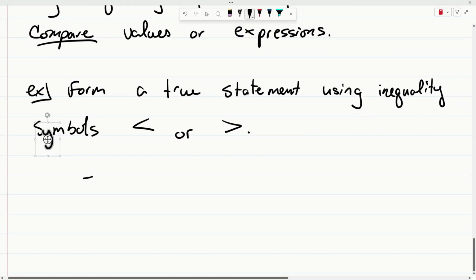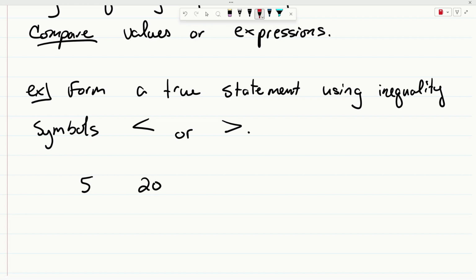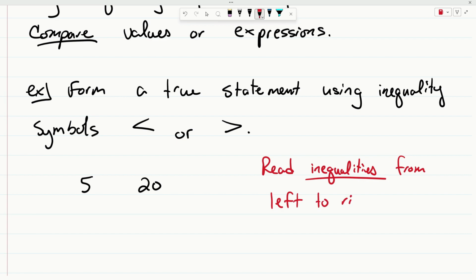And the example is 5 and 20. Well, if you want to form a true statement, remember, we always read inequalities from left to right. I know you can read them right to left, but to keep everything nice and consistent, we're going to read them from left to right. So the inequality symbol here I would use is less than.